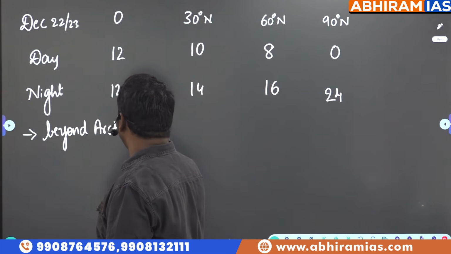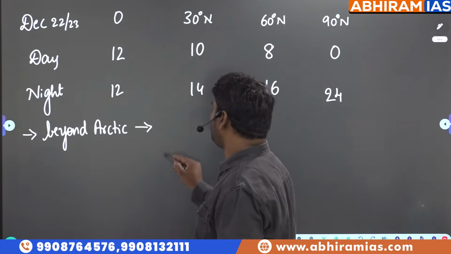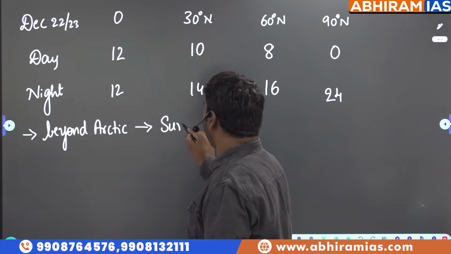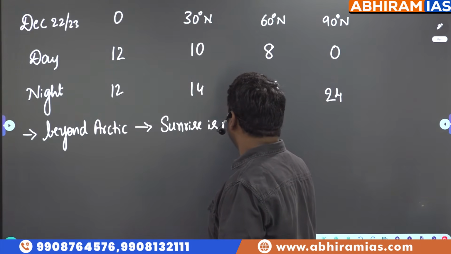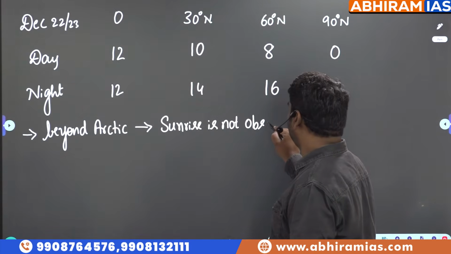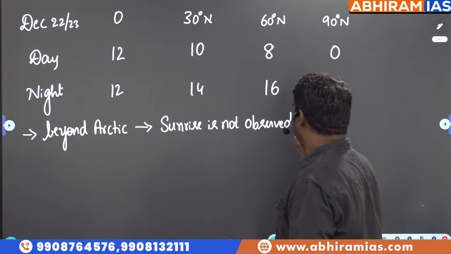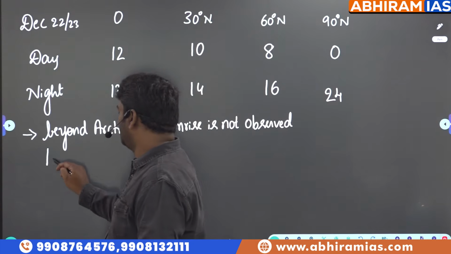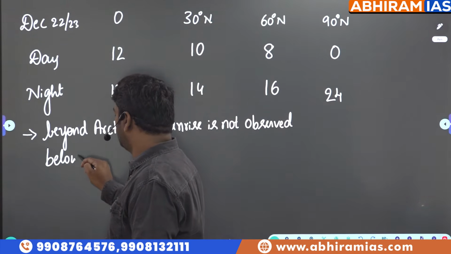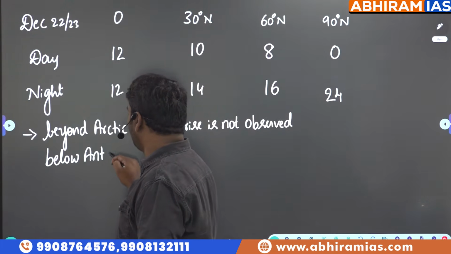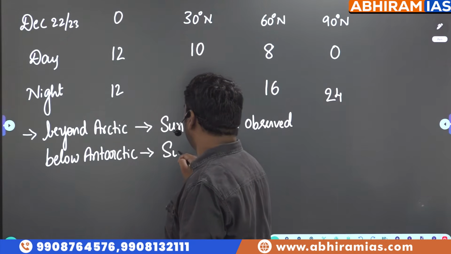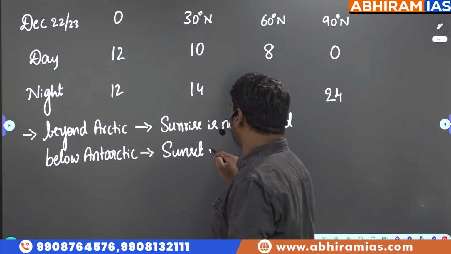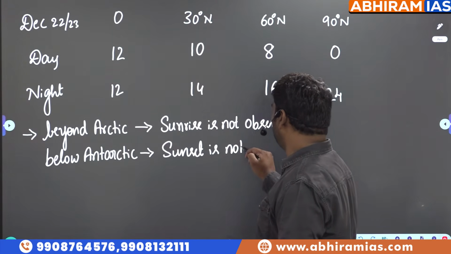Beyond Arctic, sunrise is not observed. Below Antarctic, sunset is not observed.